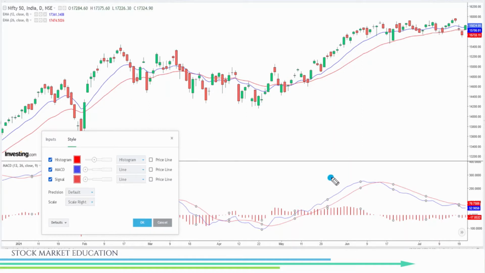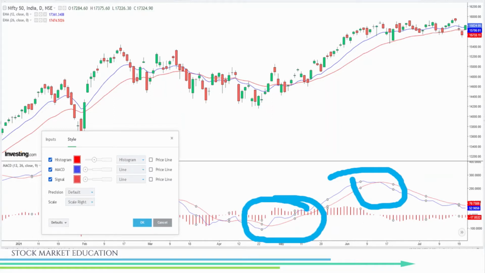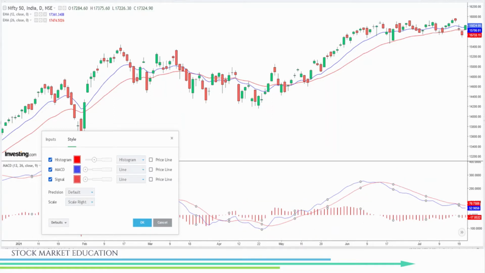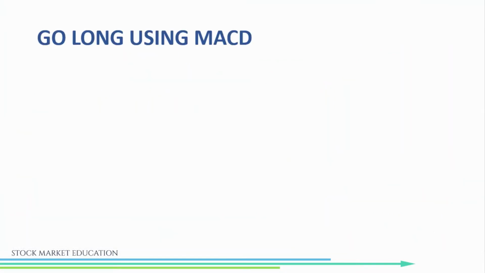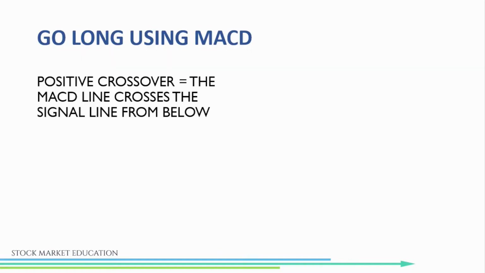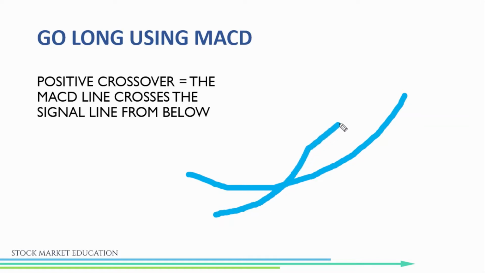Now how to use this MACD and MACD histogram for trading? Usually what people do is, whenever they see a positive crossover, they go long. Now what is a positive crossover? Whenever the MACD line crosses the signal line from below, it is called as a positive crossover.